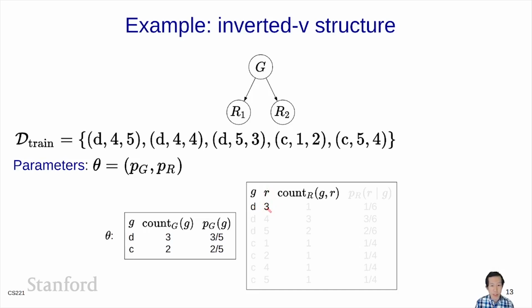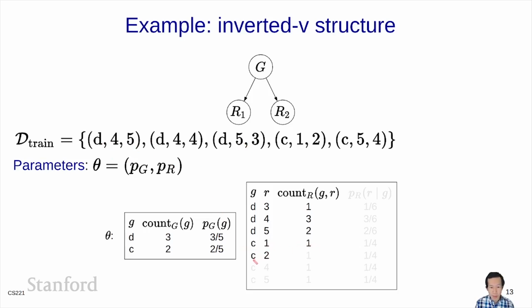So D3 shows up once here. D4 shows up 3 times. You have 1 and 2 and 3. So notice I'm counting both occurrences of R1 and R2. And D5 shows up twice here with R1 and here with R2.